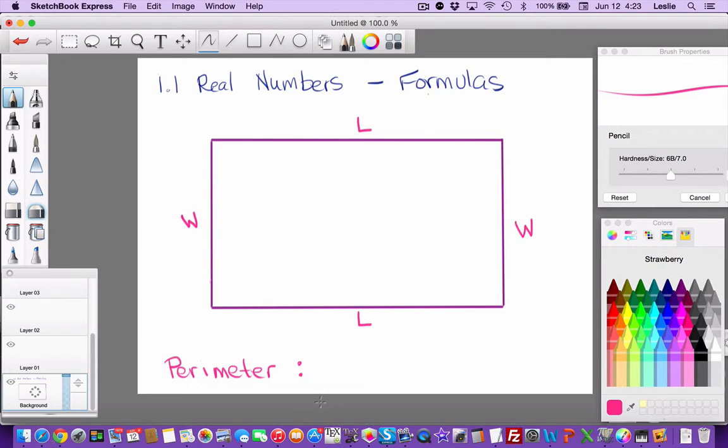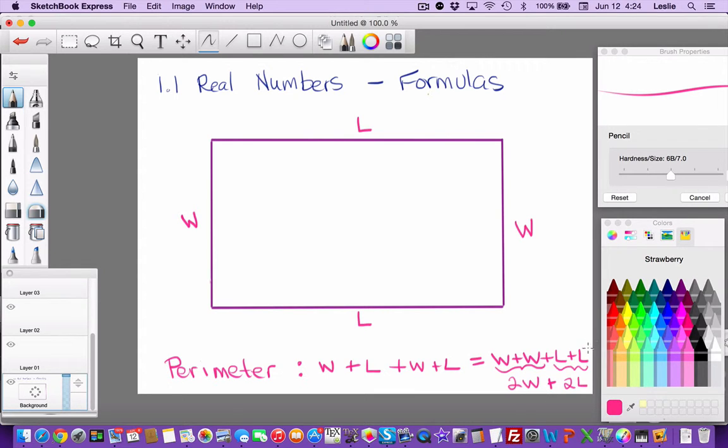The perimeter of this rectangle is W plus L plus W plus L. Since it doesn't matter what order I add these in, I could think of it as W plus W plus L plus L. And W plus W is 2W. And L plus L is 2L. And then I would add these two together.